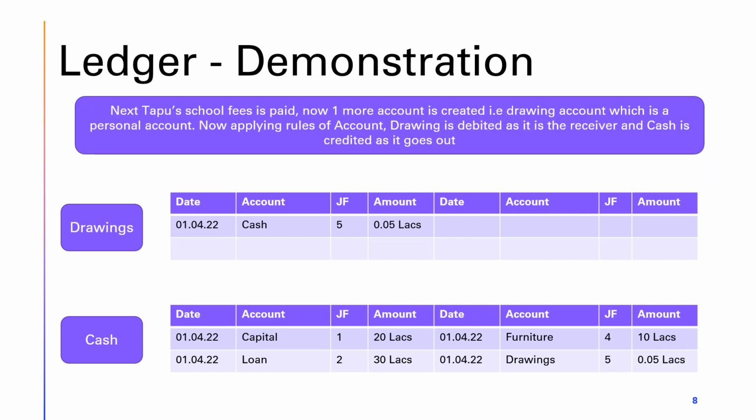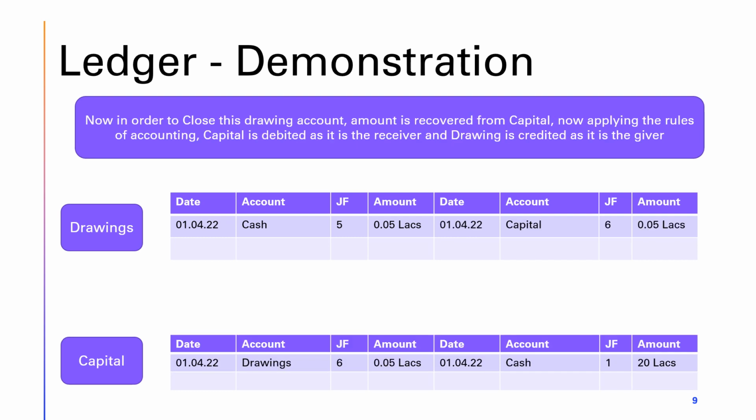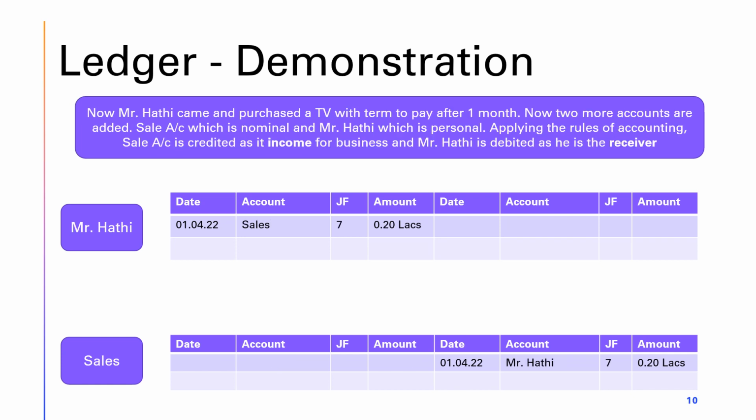Next was Tapu's school fees. Since it is used for personal use, a drawing account is created and the amount is recorded over there. Drawing account is closed on an as-and-when basis. Hence, capital account is reduced by the amount of drawings. Next, one TV was sold to Mr. Hathi on credit.